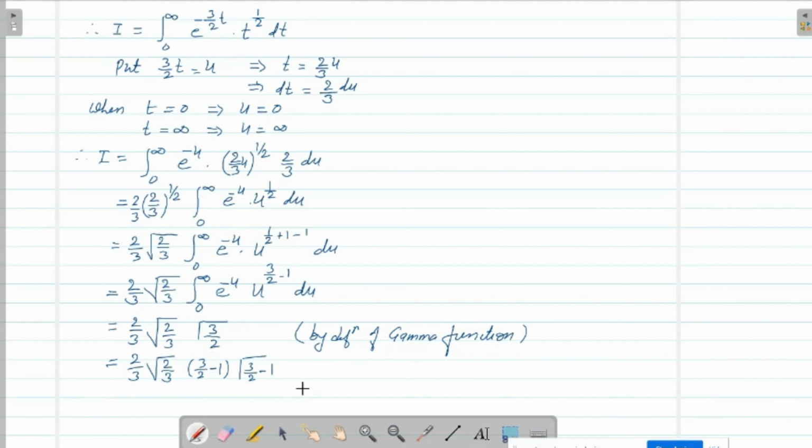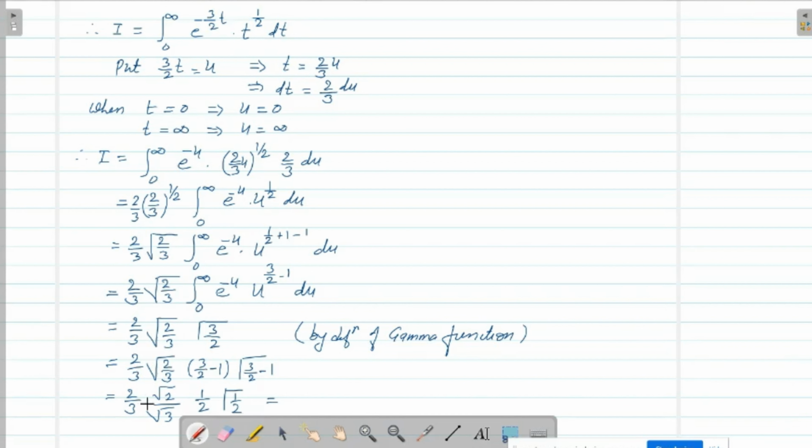Okay. So if you simplify, 2 by 3 square root of 2 divided by square root of 3, and this is what? 3 by 2 minus 1 is 1 by 2, and this is gamma of 1 by 2. Okay.